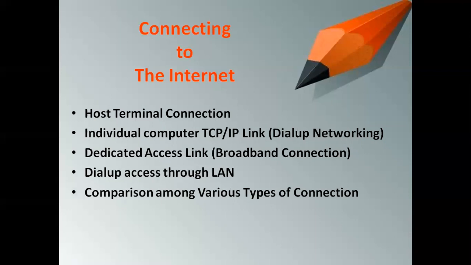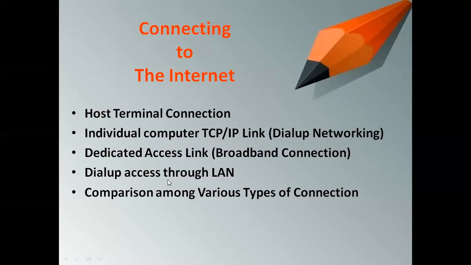The next point we are going to cover is a comparison among these four types of connection. As you can see on the screen, there are host terminal connection, individual computer TCP link, dedicated access link, and dial-up. These four types of connections are there.